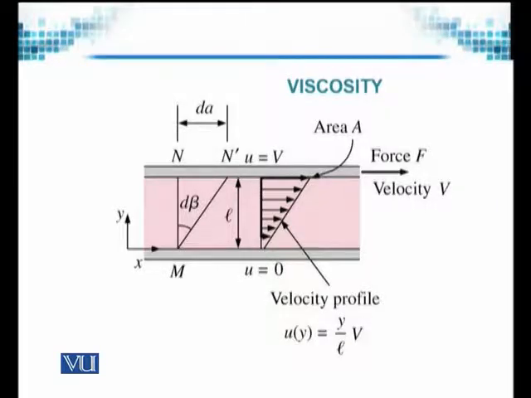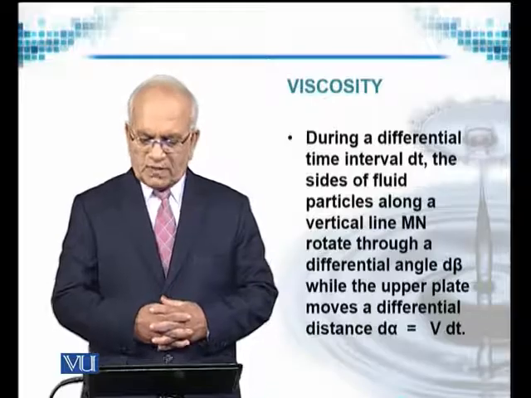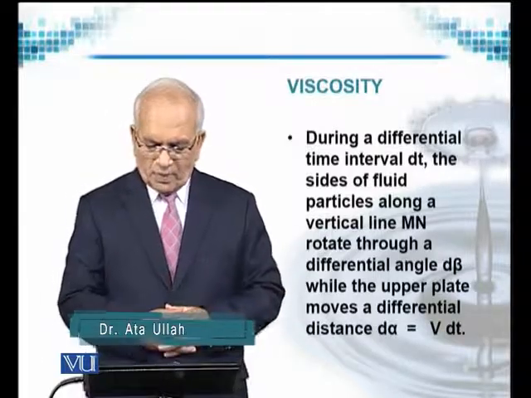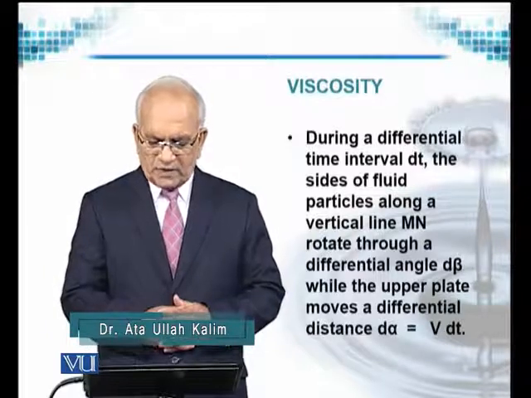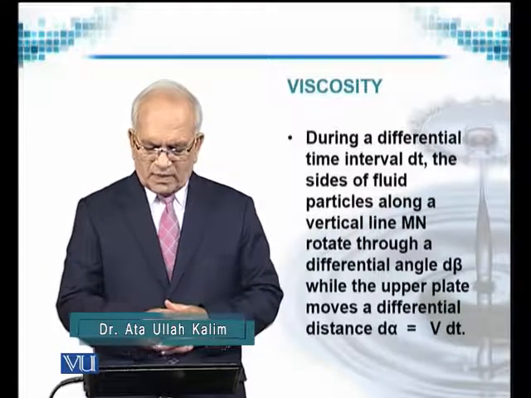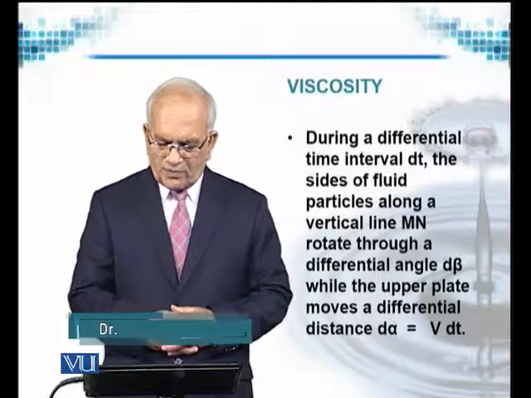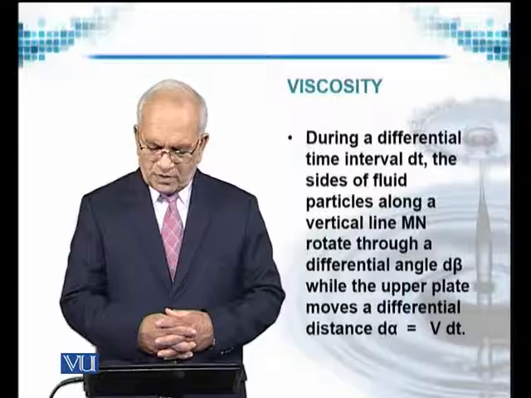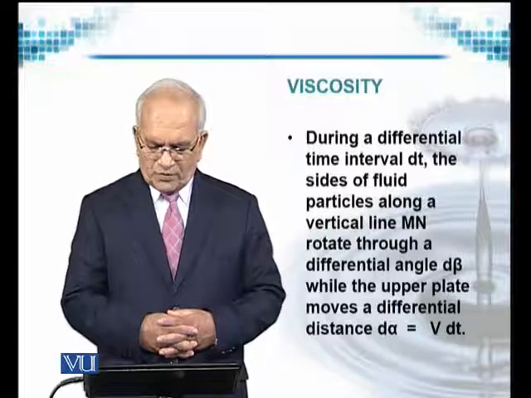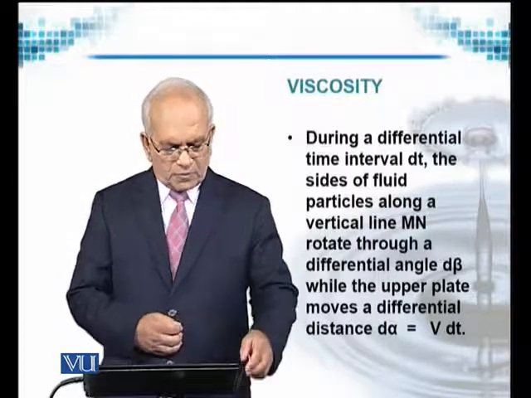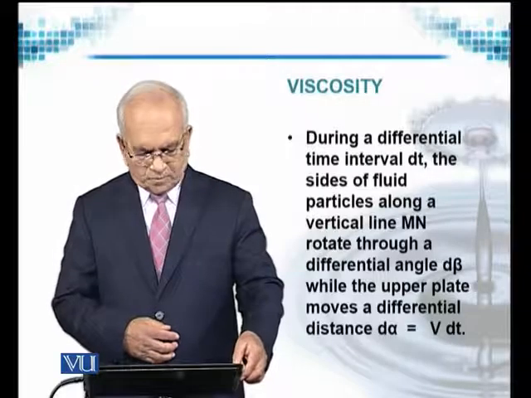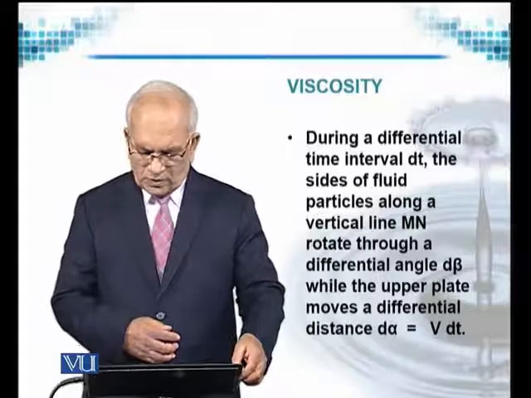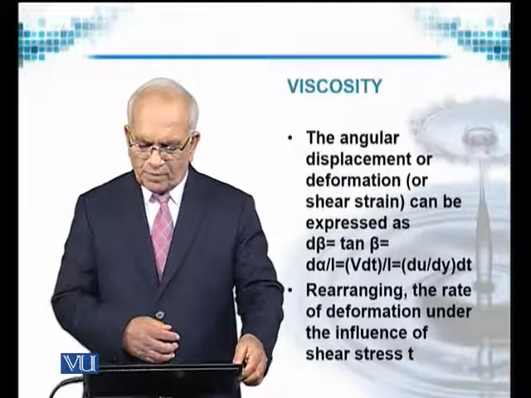So during a differential time interval dt, that is a small change in time, the sides of fluid particles along a vertical line mn rotate through a differential angle d beta, I just mentioned that, while the upper plate moves a differential distance dx, which is equal to v into dt.